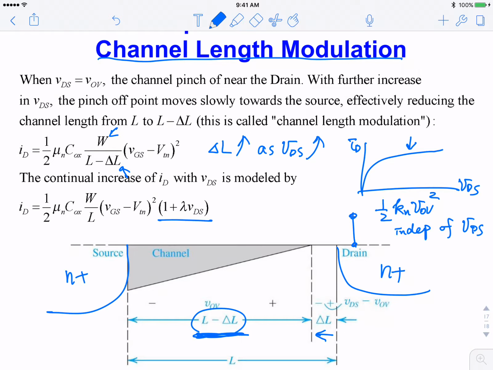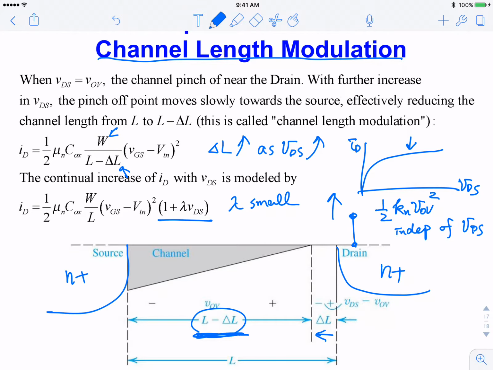As the voltage here increases, the channel decreases, and the current as a result increases. But rather than having a more complicated formula, we use the same formula and just have a phenomenological linear term here. Lambda is usually a small number. That's why we can do this approximation.